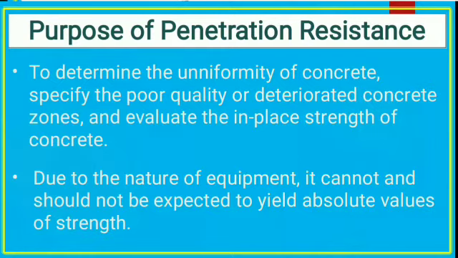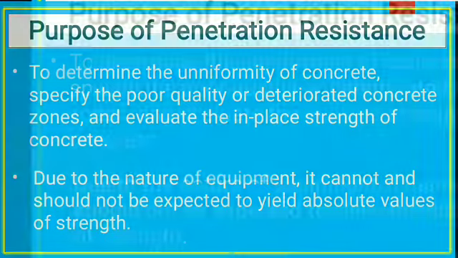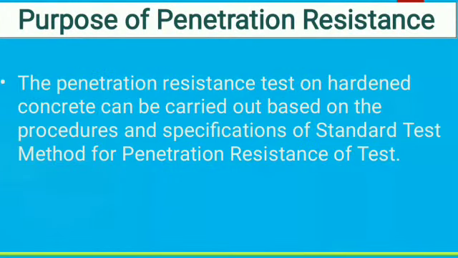Due to the nature of the equipment, it cannot and should not be expected to yield absolute values of strength. The penetration resistance test on hardened concrete can be carried out based on the procedure and specification of the standard test method for penetration resistance test.